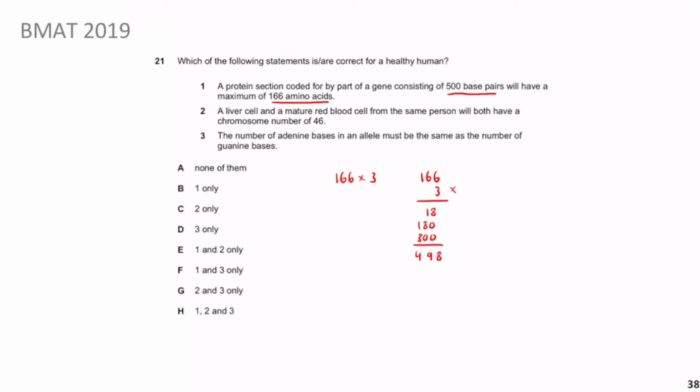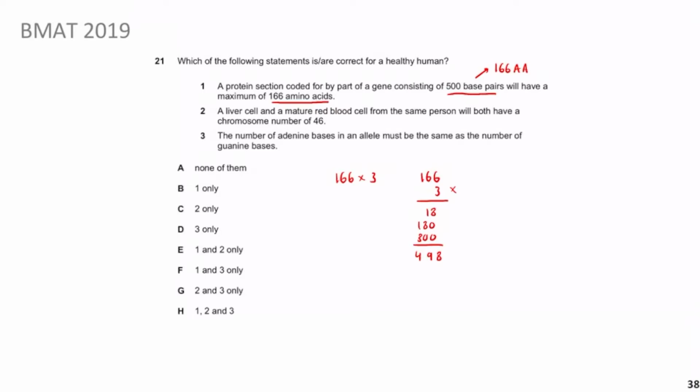But this one has 500 base pairs, so it has two more. But remember, those two basically won't do anything because you need at least three bases to code for an amino acid. So this one, 500 base pairs, would actually give 166 amino acids. The two base pairs that are left over can't do anything because of the triplet code, obviously. So each amino acid is three bases.